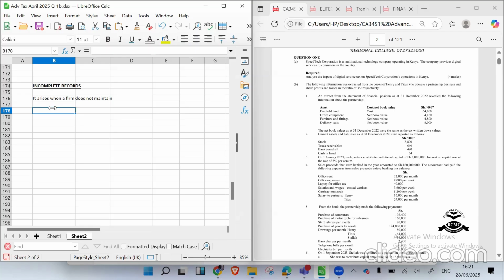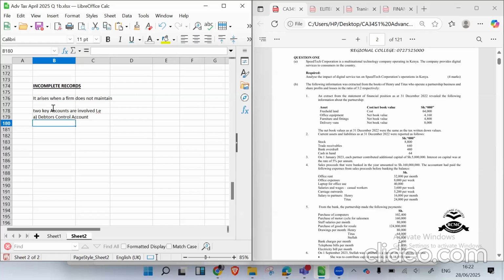So two key accounts are involved, that is, number A, the debtors control account.